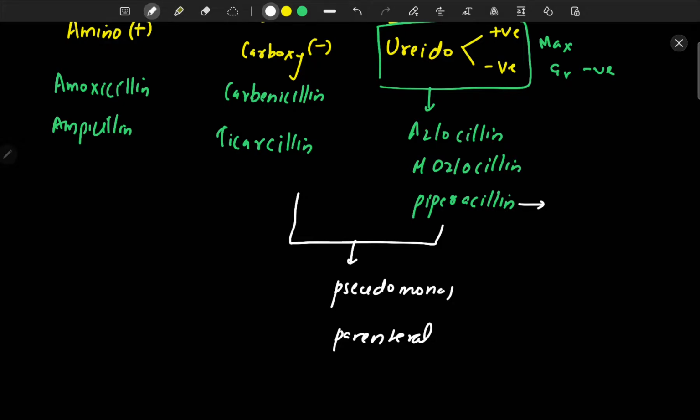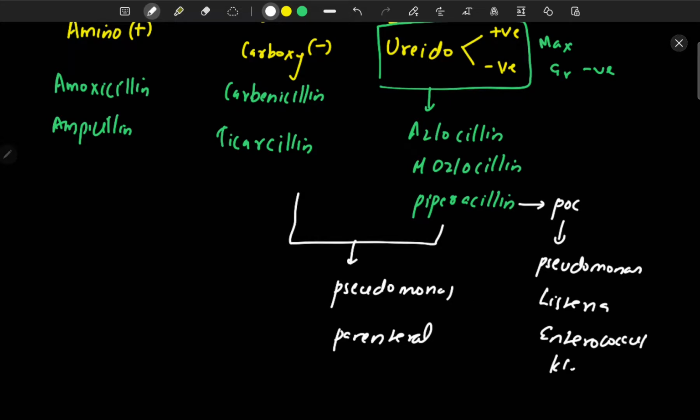It is a preferred drug and the penicillin of choice in case of pseudomonas, and it is also effective against listeria, enterococcus, Klebsiella.